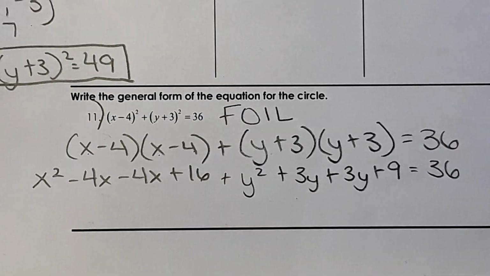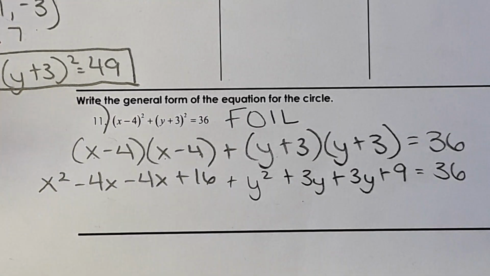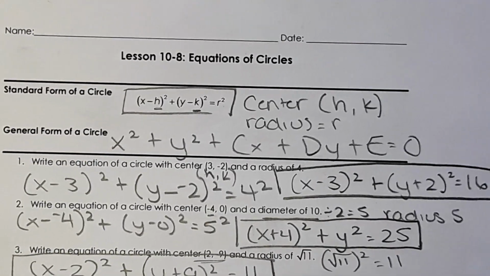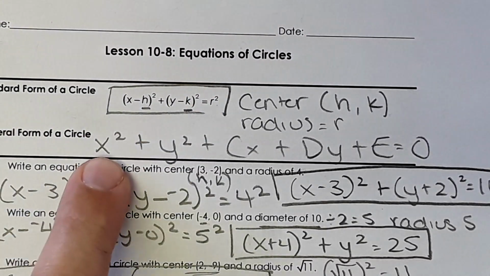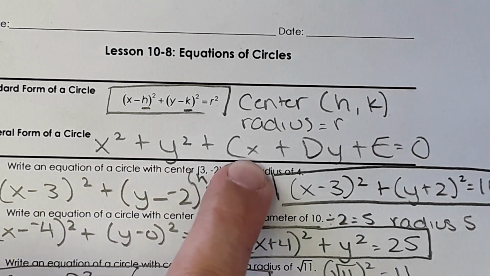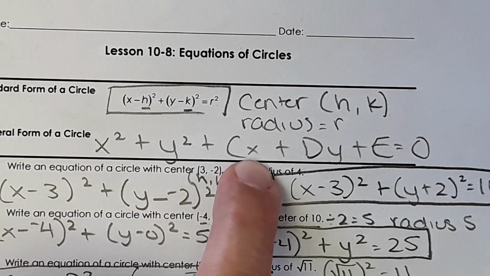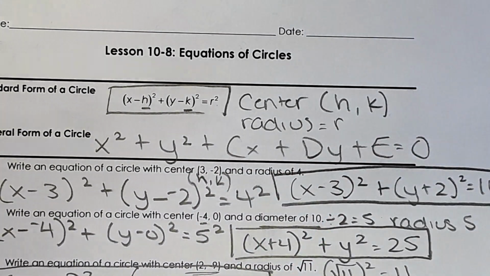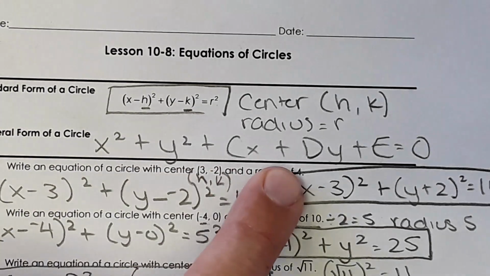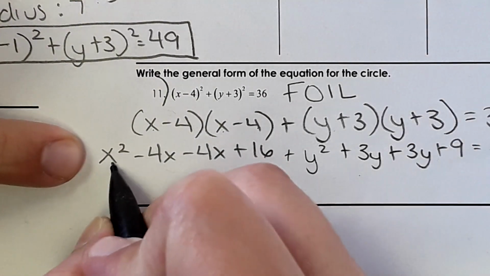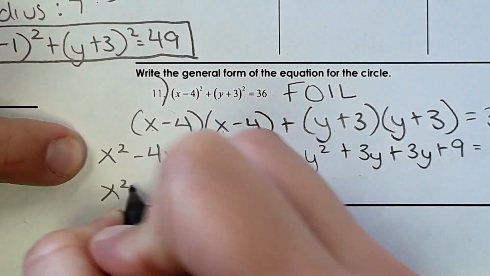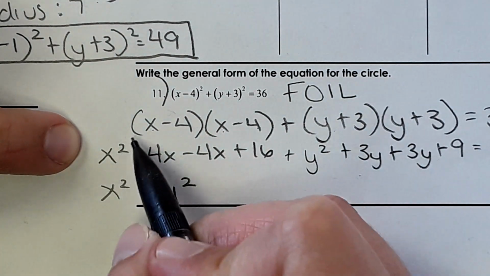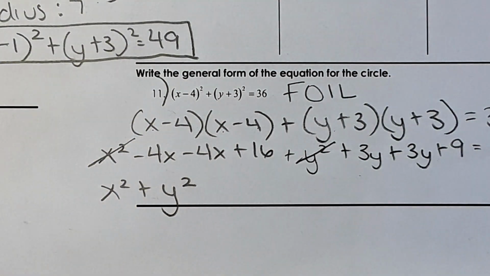Okay, so now that we have all our terms, you can probably predict we're going to combine stuff and simplify it. But where we're headed is we're headed to that general form equation where it's x squared plus y squared plus it'll be 8x negative 8x and 6x and then a constant and then it's equal to 0. So we're going to just rearrange the equation, combine like terms until it's in this format. So I'm going to put the x squared and the y squared first like it is in general form. And I can kind of cancel stuff out as I bring it down.